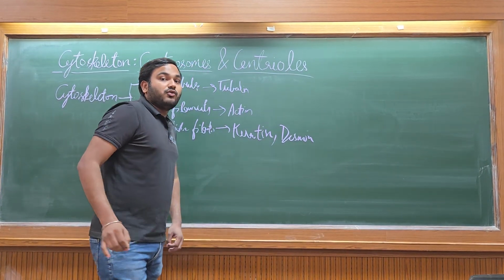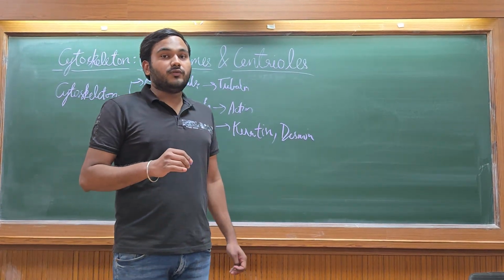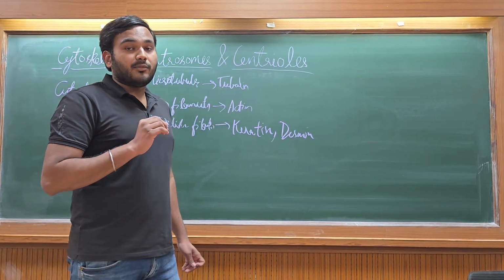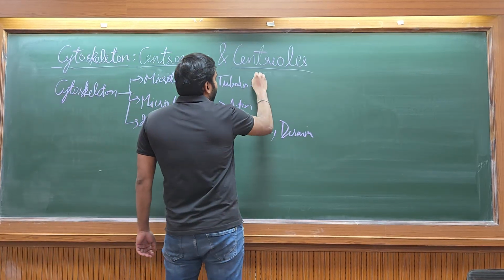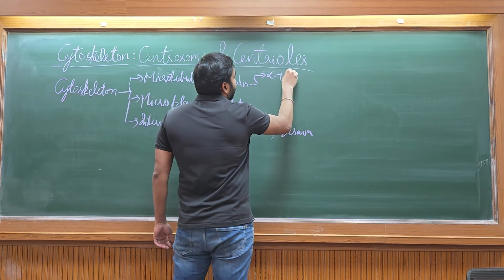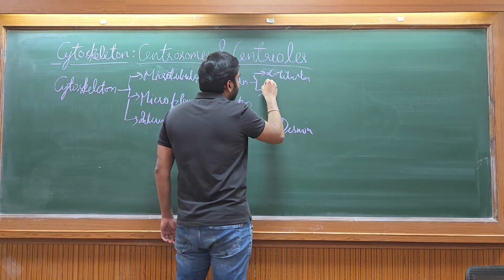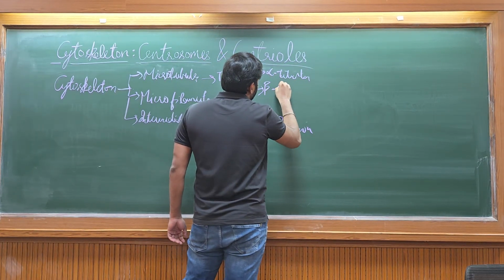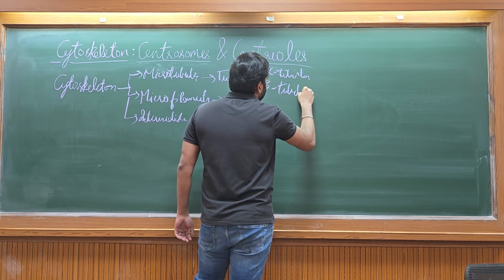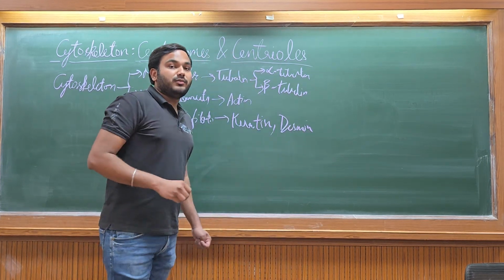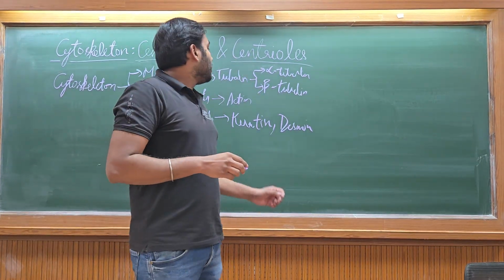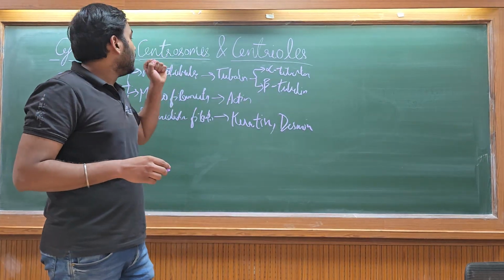In this video, we are going to focus on microtubules, which are made up of tubulin dimers, namely alpha tubulin and beta tubulin. Alpha tubulin and beta tubulin together form a dimer, giving rise to microtubules.